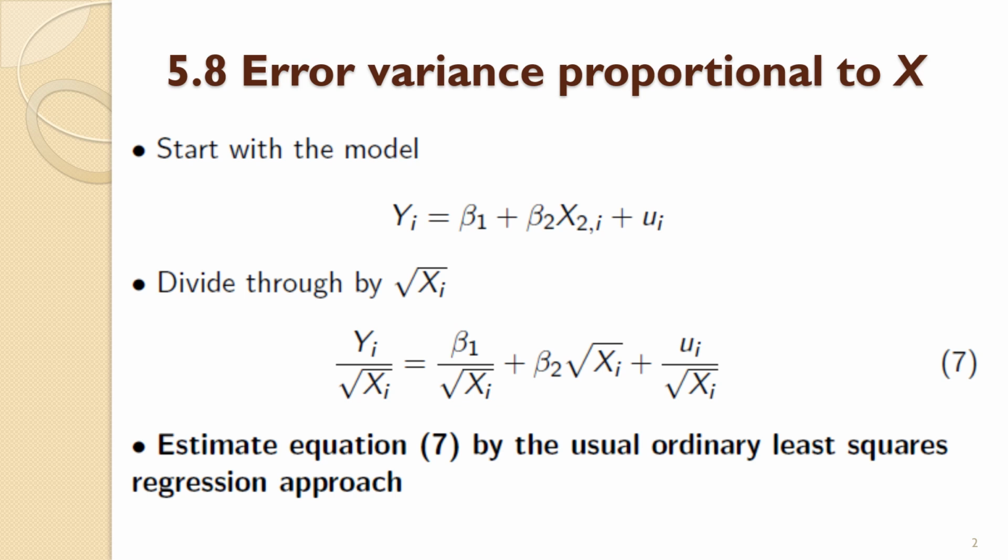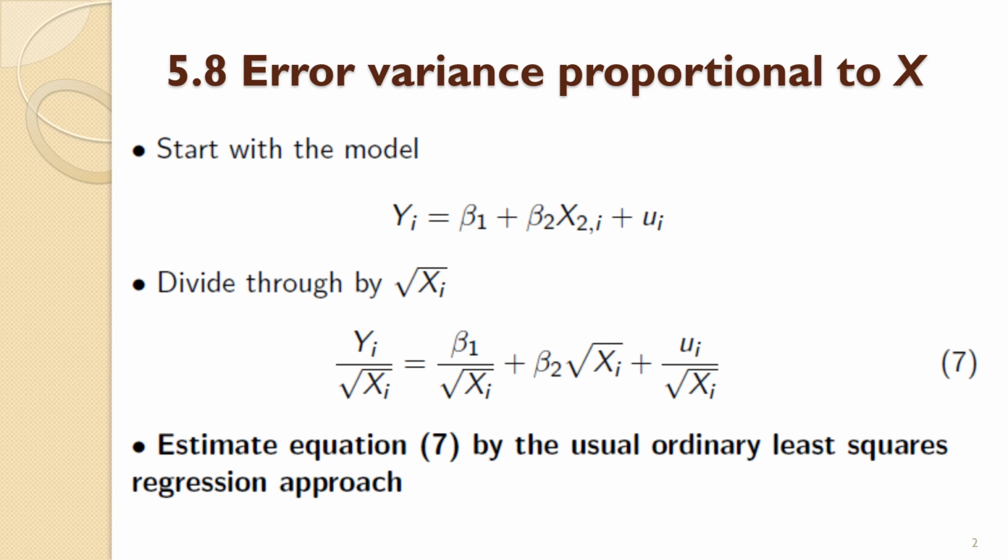So divide again through by the square root of the offending x term, so in this case just divide through by square root of x, and then in this case what you have is yi over square root of x is beta 1 over the square root of xi plus beta 2 square root xi over the square root of xi.